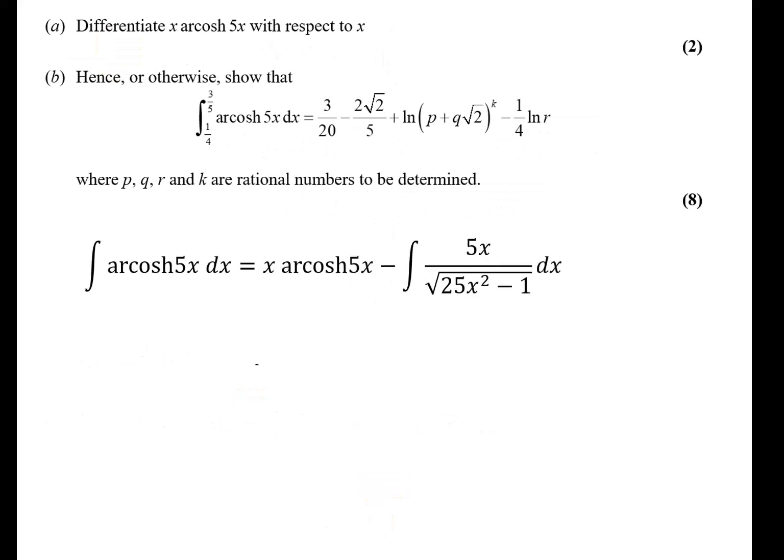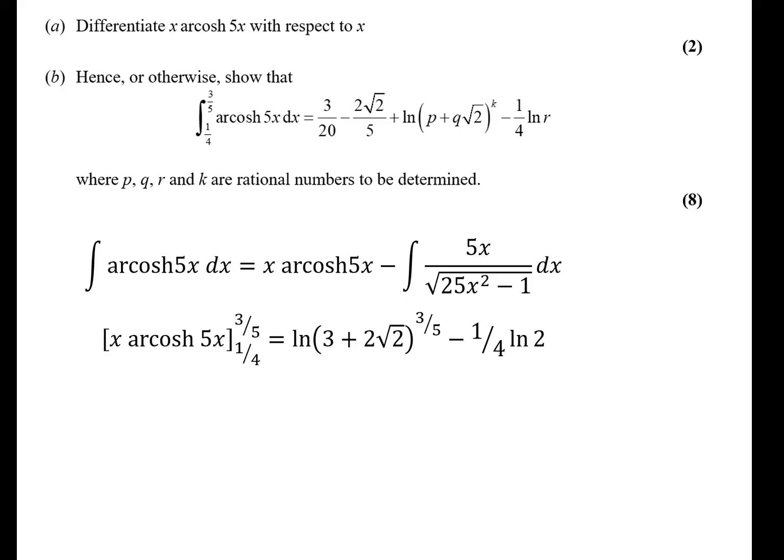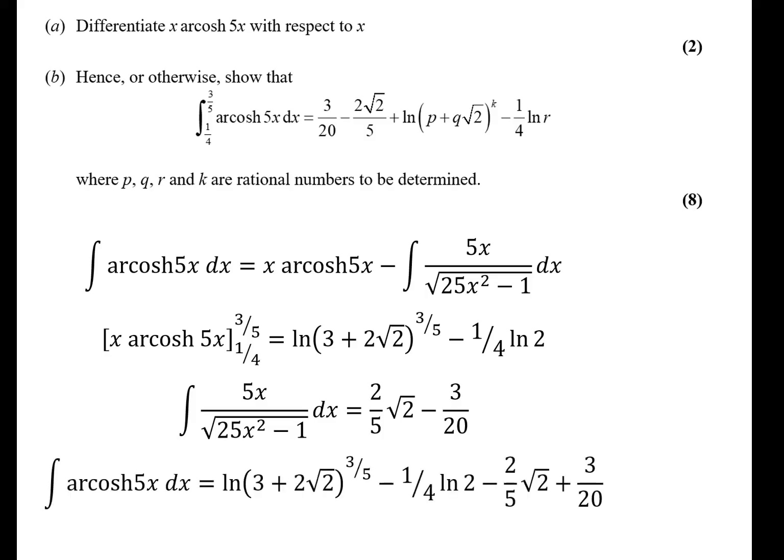So the whole thing then, I worked out the integral of 5x over the square root with the limits in, and that's the second part of the expression, and the other one gives me the first part, but I'm taking it away, so it gives me that, and I've left it in that order because I like the ln at the start.